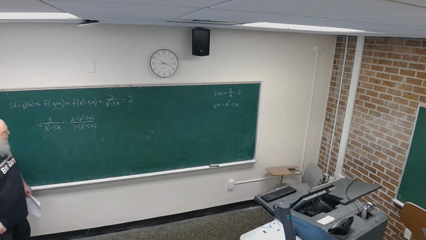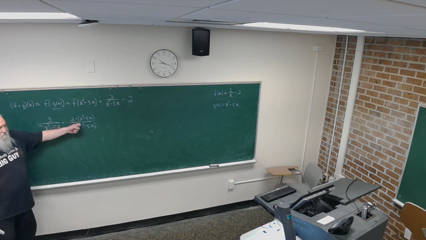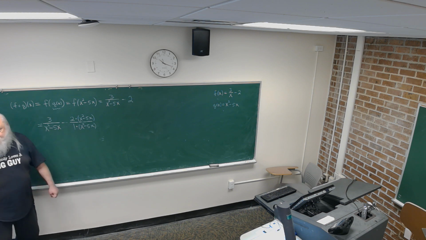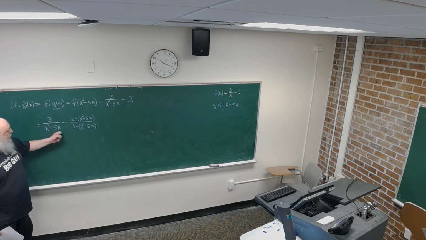Now, a lot of college students have an aversion to using parentheses. And when you don't use parentheses, when you've got to distribute a minus sign, you often don't distribute the minus sign correctly. You only change the sign of the first term, not the second term, and it totally messes up the problem. So now we have a common denominator. 1 times x squared minus 5x is just x squared minus 5x.